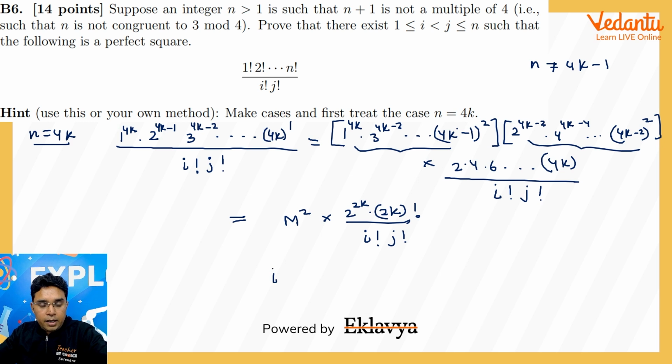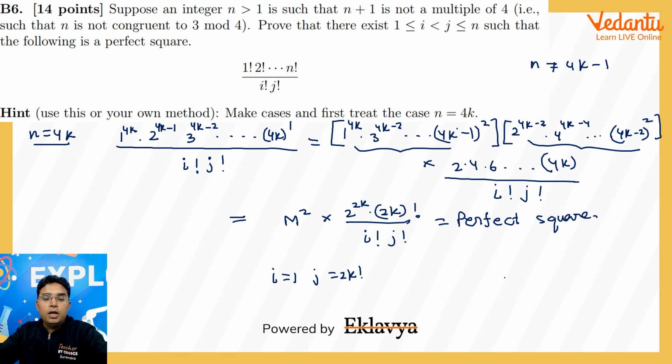So if I take i is equal to 1 and j is equal to 2k factorial, then I think this will become perfect square. Okay, so I think for this n is equal to 4k it is done.